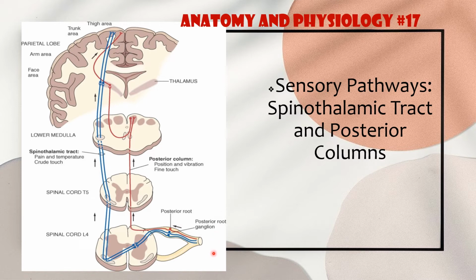Within one or two spinal segments from their entry into the cord, these fibers pass into the posterior horn and synapse with secondary sensory neurons. The secondary neurons then cross to the opposite side and pass upward into the thalamus.